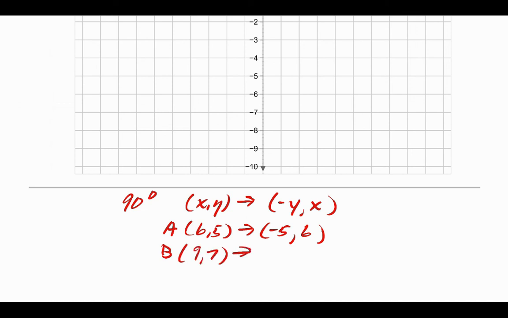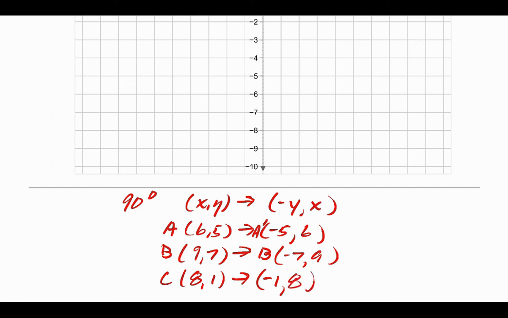So our B prime, I should have put my A prime there, our B prime will be negative 7 and positive 9. And our C, which was 8 and 1, again we're going to flip it. So our 1 becomes our x, and we're going to make it negative, and our 8 will stay the same.